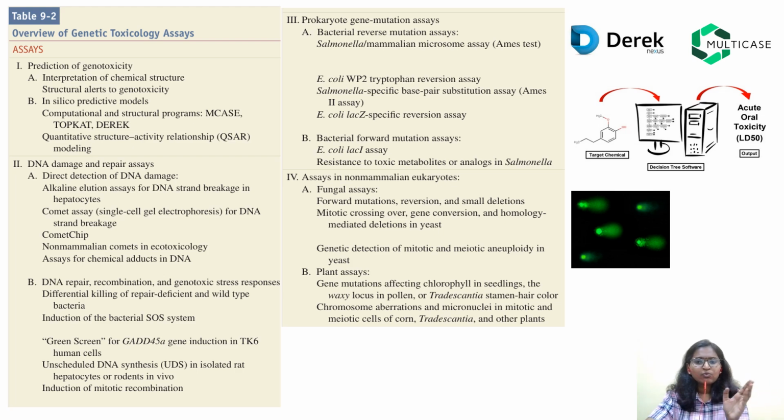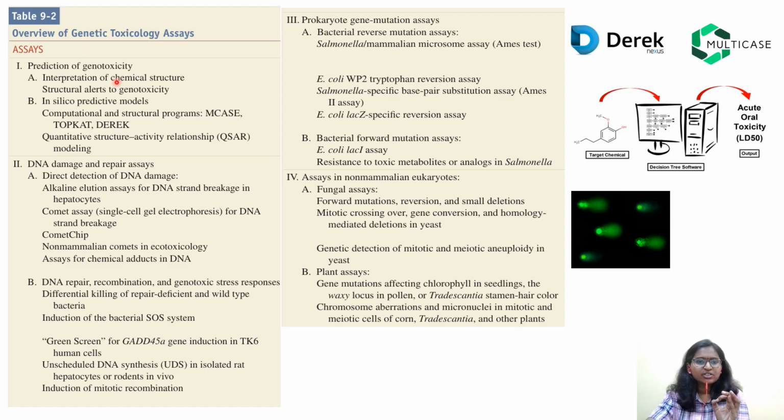In the first slide, whatever ABT has referenced is about Table 9.2, the overview of genetic toxicology assays. So you have to go back and read the textbook's genetic toxicology chapter, please read Table 9.2. We will try to list the assays here.